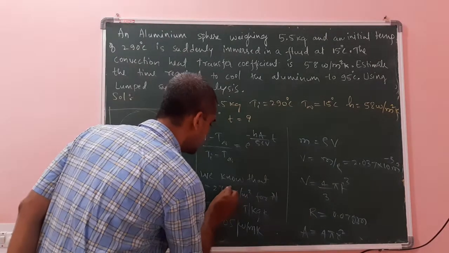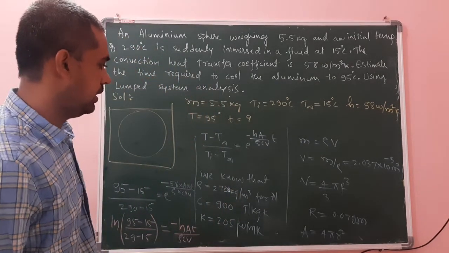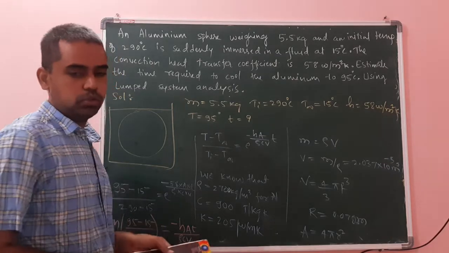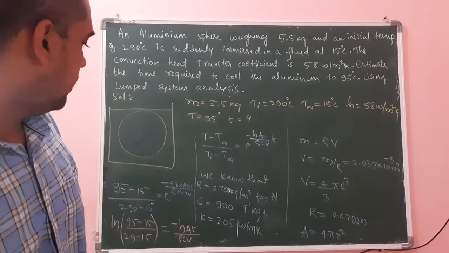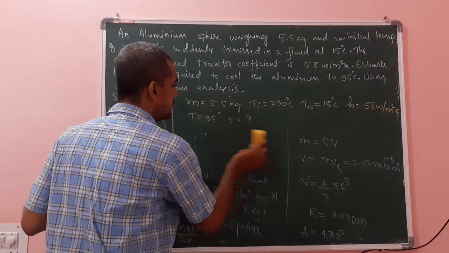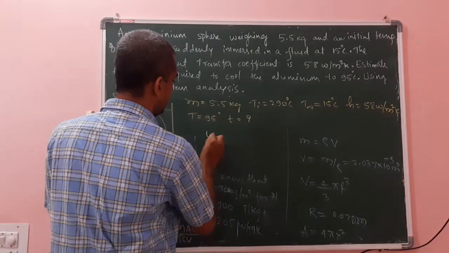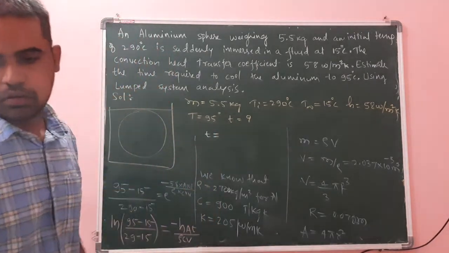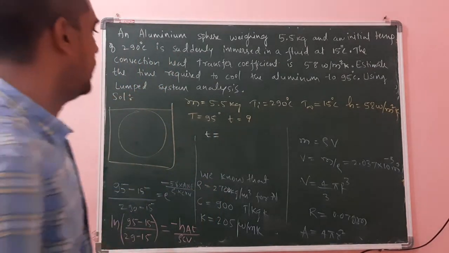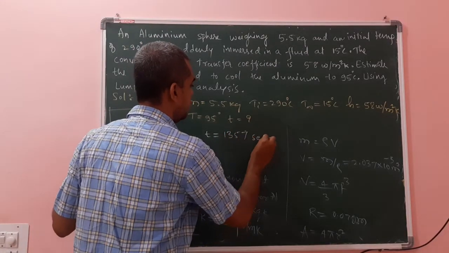Density of aluminium is 2700. From the data book it is 2700. You take that one only. You calculate t. The value of t you will get is 1357 seconds.